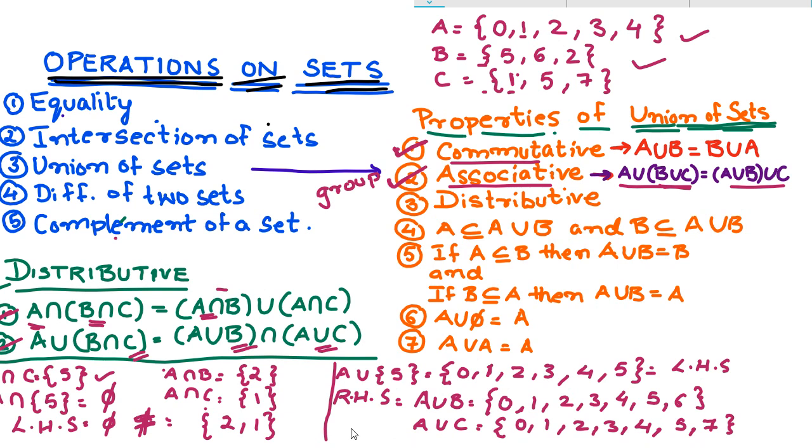So now let's find out what is the intersection of both these two sets. Let's write it over here. So the intersection of both these sets is basically 0, 1, 2, 3, 4 and 5, and that's all. So I will erase these two.